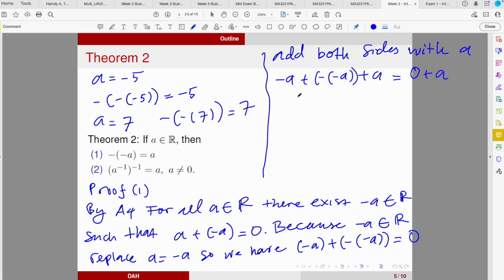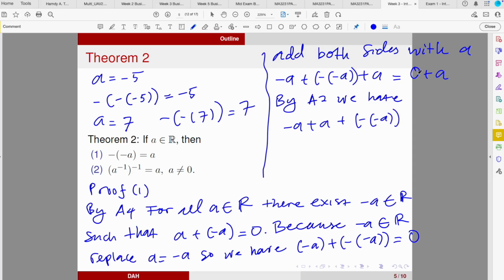Okay, now look at this. Now you can simplify by the associative rule. By A2, we have what? I can combine minus A plus A, or A plus minus A plus minus of minus A.